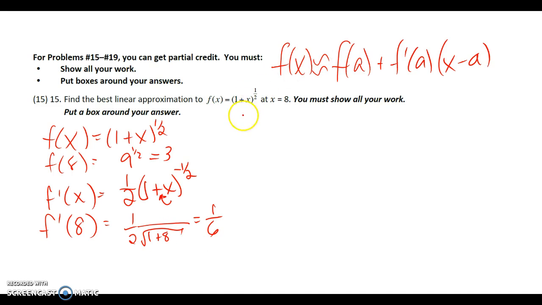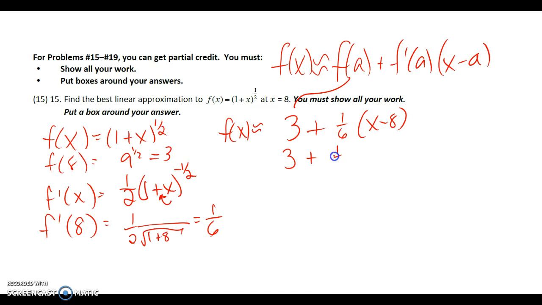All right. So the linear approximation is going to be 3, because that's what we got there, plus 1/6 times x minus 8. So now we have to just simplify. 1/6 times negative 8 is negative 8 over 6, which is 4 over 3. 3 is 9 over 3, isn't it?